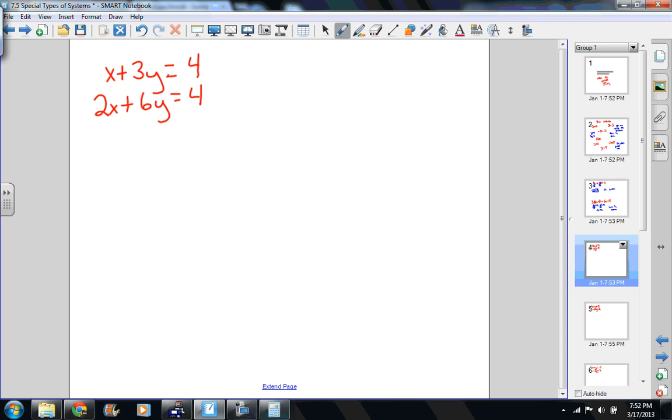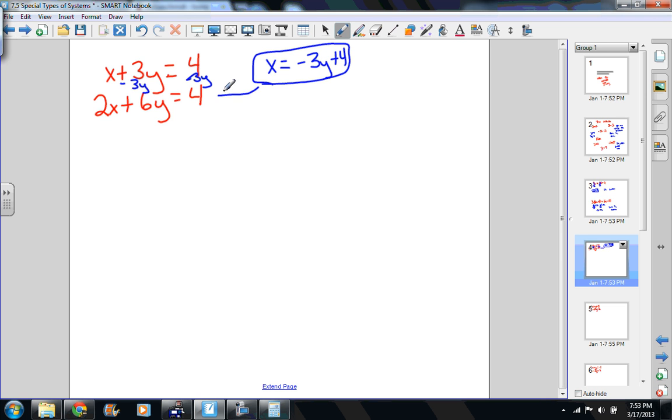So, going back to the type of problems we're working on before, I'm going to do the addition method for this one. I'll do substitution. Actually, I'll do substitution on this one, addition on the next one. So I'm going to take this one and subtract 3y to do substitution. So I get x equals -3y plus 4.